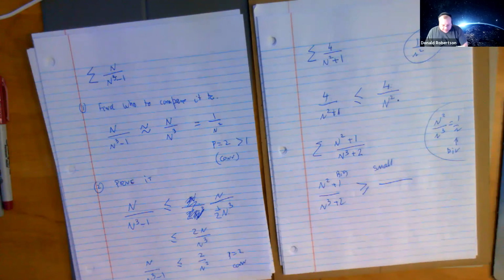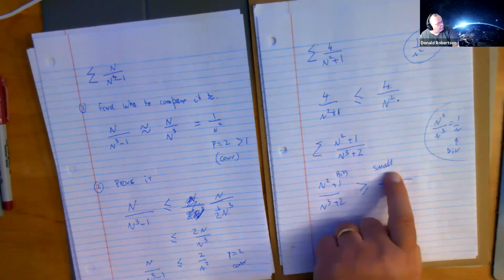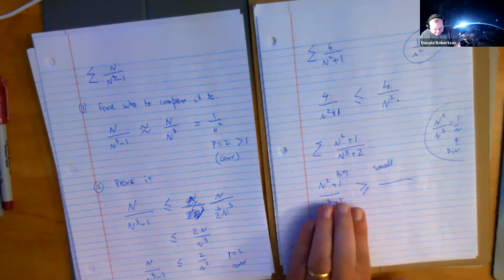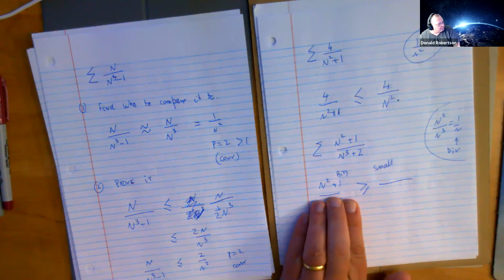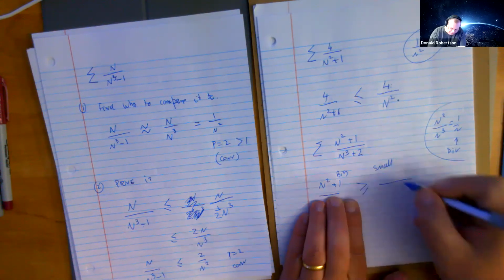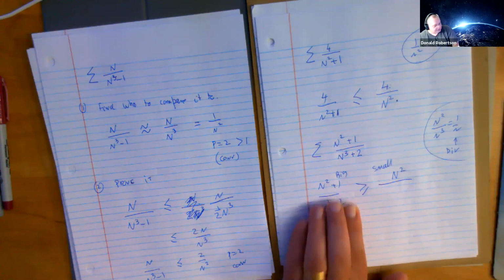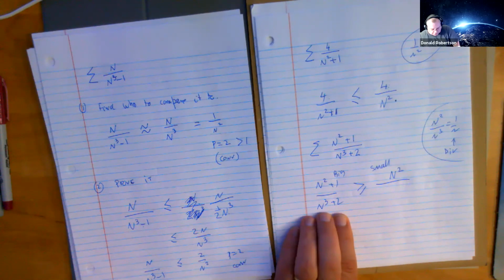Okay, let's see how we can do that. How do you make fractions smaller? Well, don't you make the top smaller and or the bottom bigger? Okay, I want to make the top smaller first. N squared plus 1. If you make it smaller, wouldn't n squared do? I want to make n cubed plus 2 bigger.